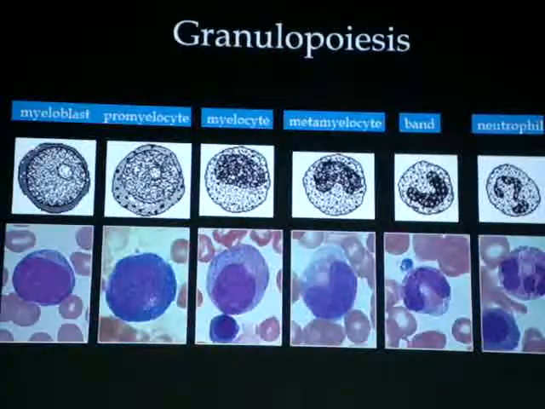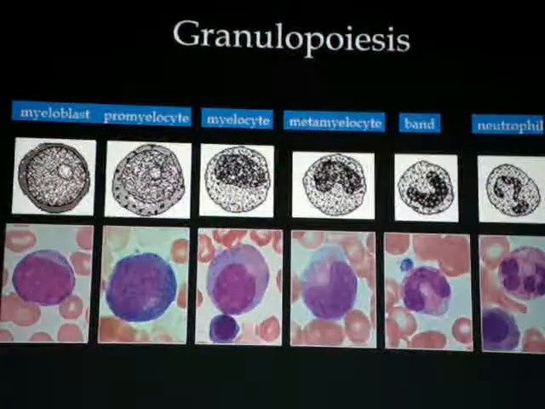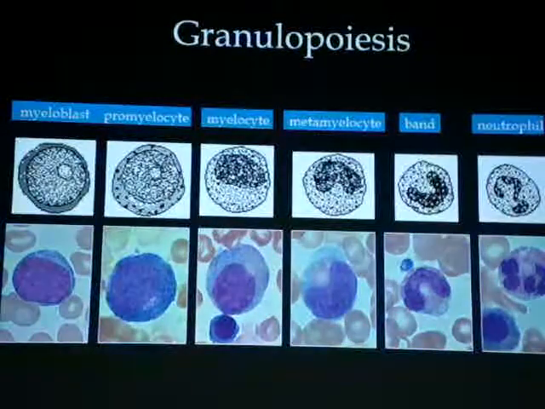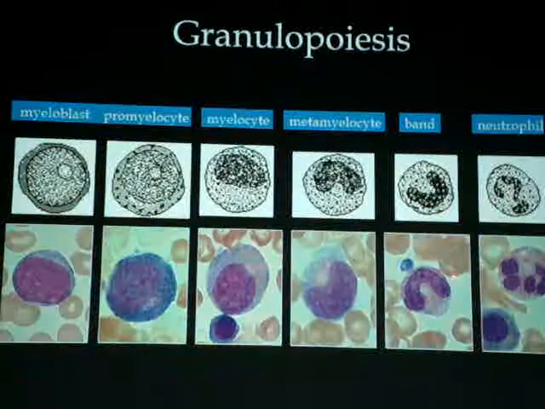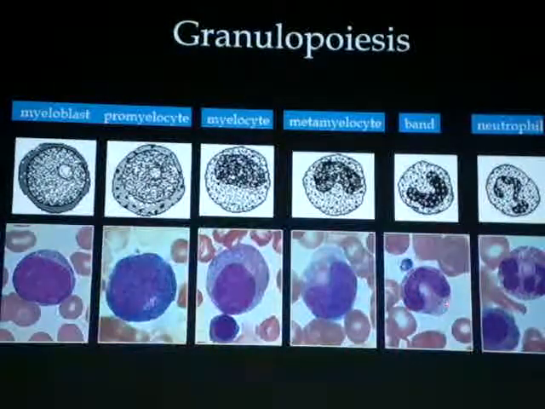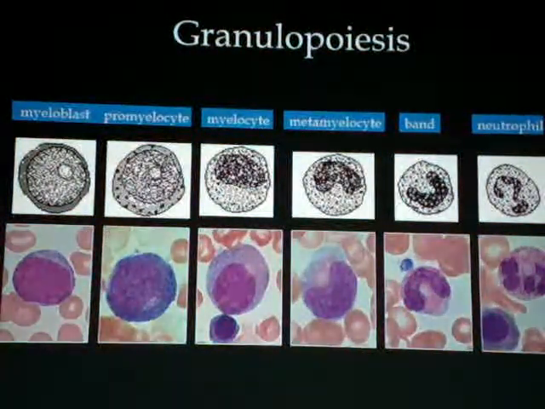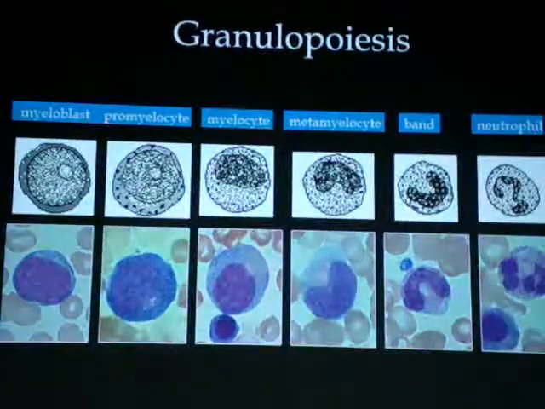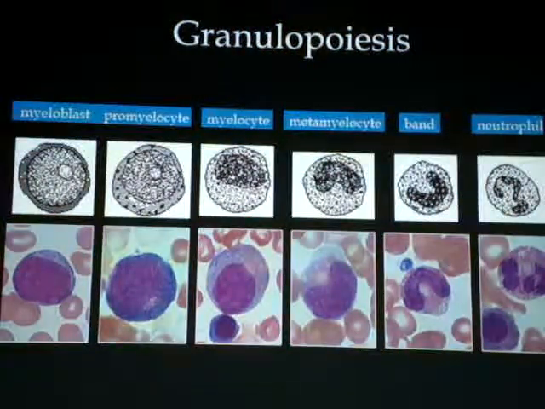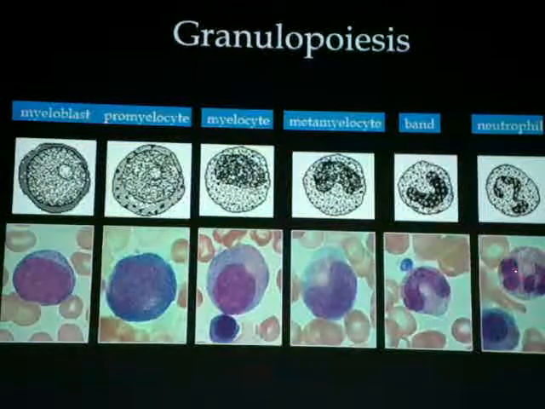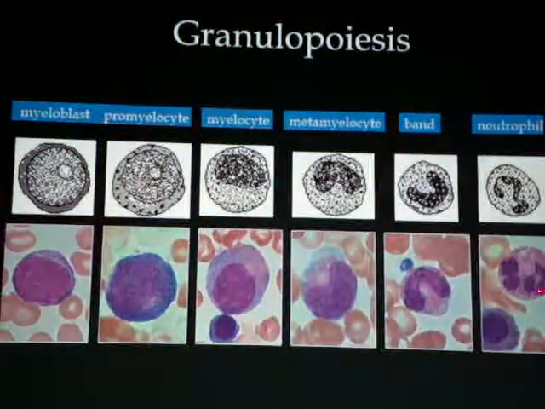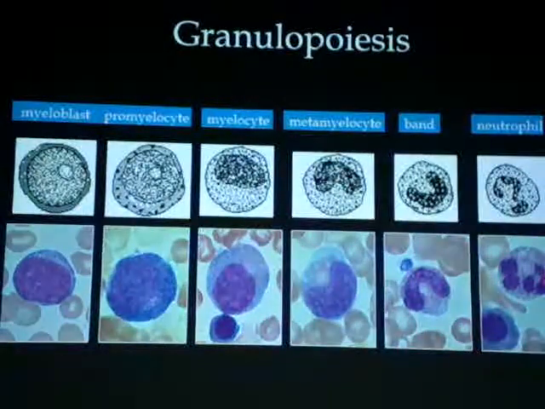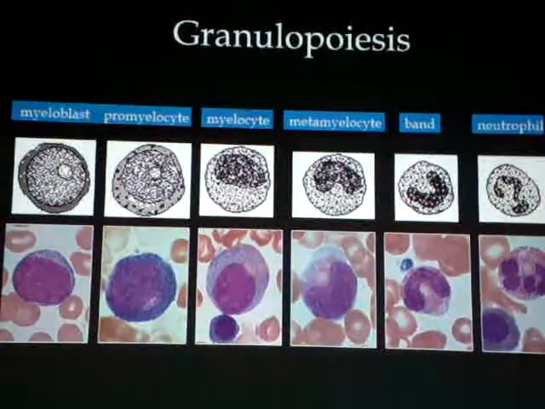That's the only difference, the shape of the nucleus. Next cell in the lineage after the metamyelocyte is the band cell, wherein there is already elongation of the nucleus. And then the mature form will be the segmented granulocytes. Neutrophils, notice that there are already segmentations in the nucleus.